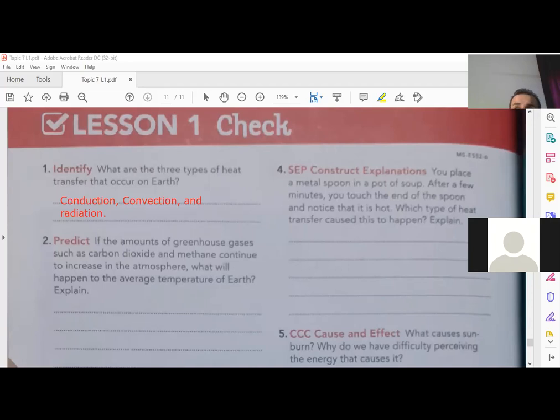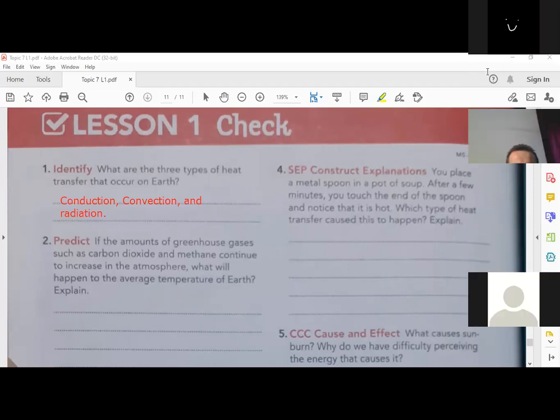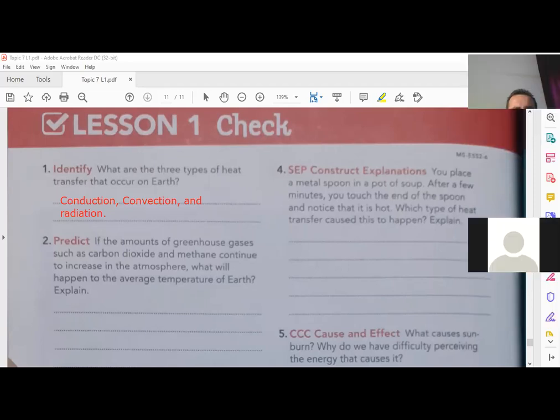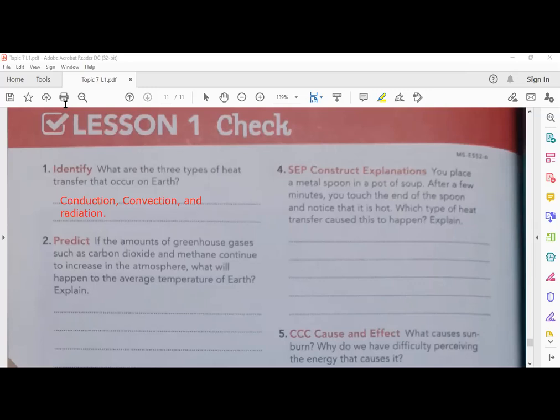Good. Also, these gases, carbon dioxide and methane, can trap heat. For this reason, they are called greenhouse gases. These two gases are able to trap heat that is reflected from the earth, like this. Suppose that this is the air surface, which reflects some of the energy.